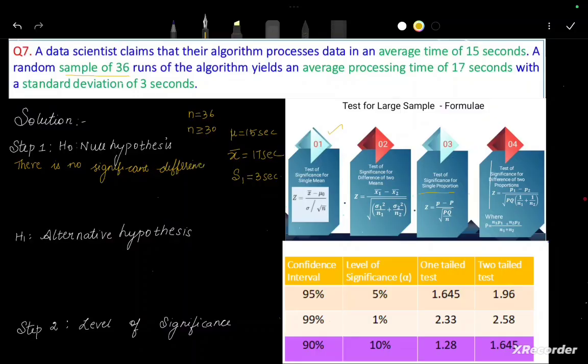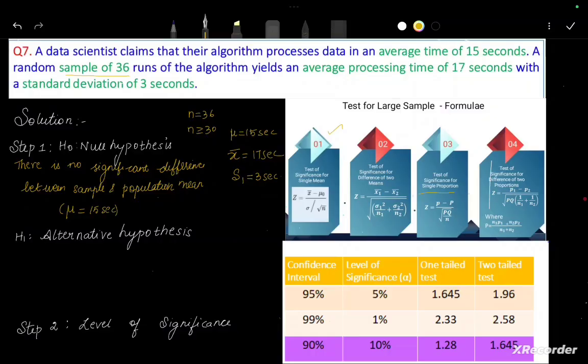So you will write: there is no significant difference between sample and population mean. In the other way, you can write it as mu is equal to 15 seconds. You are saying that there is no difference; whatever the scientist claims, you are accepting as it is.